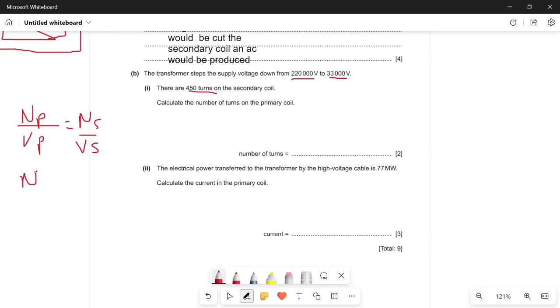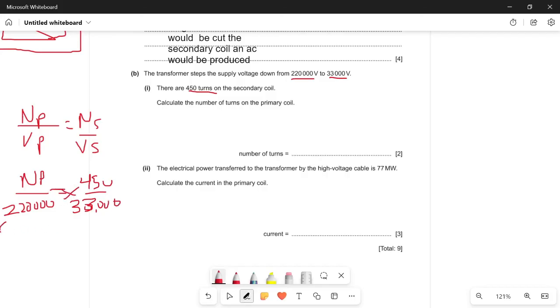So we don't have NP. VP is 220,000. And then NS is 450. And then VS is 33,000. So we can rearrange the formula.